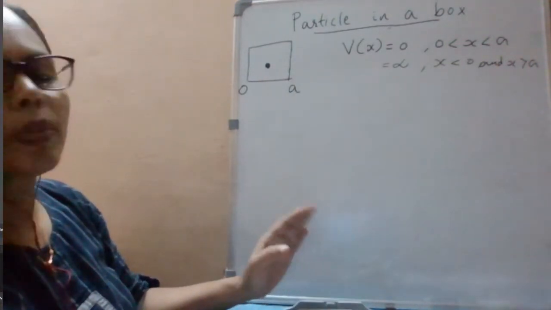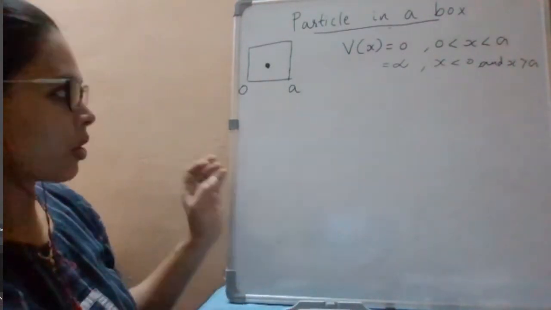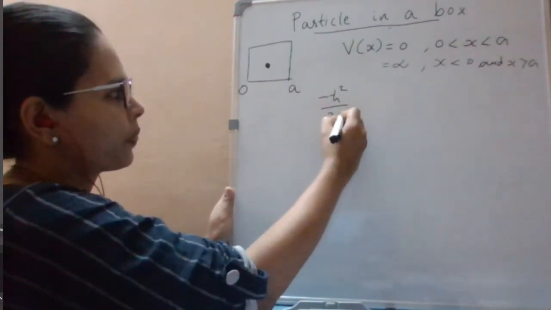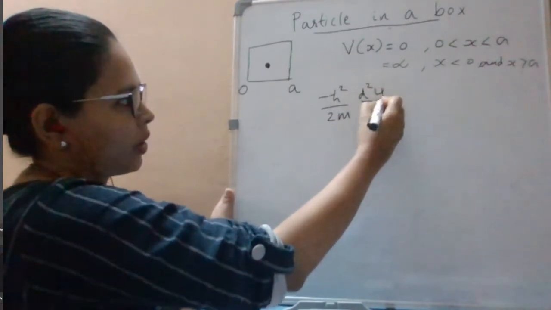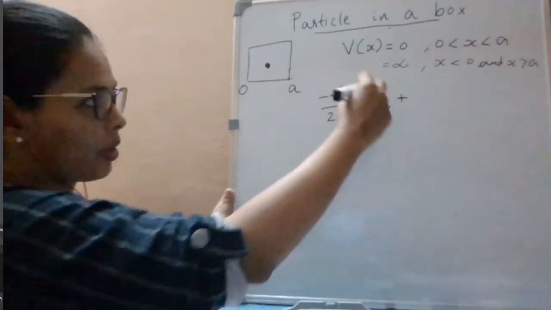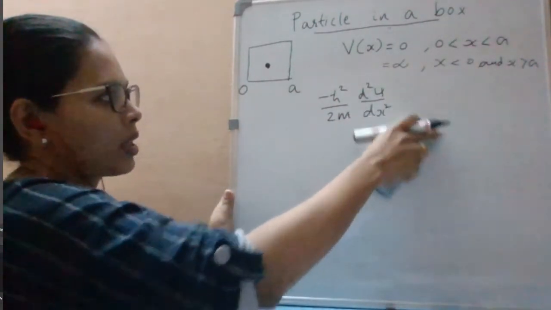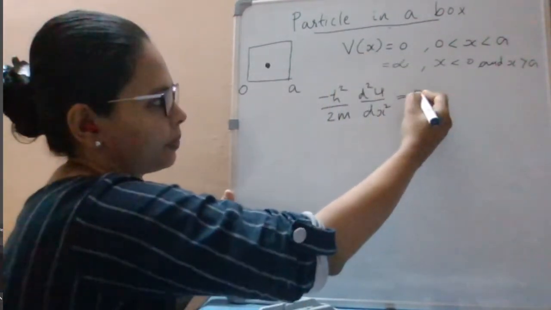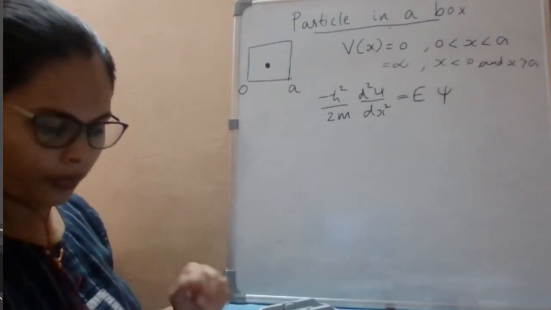So our Schrodinger equation will be minus h cut square by 2m d square psi by dx square plus, yeah, potential part will be 0, so I won't write that, is equal to E psi. So this is our Schrodinger equation.